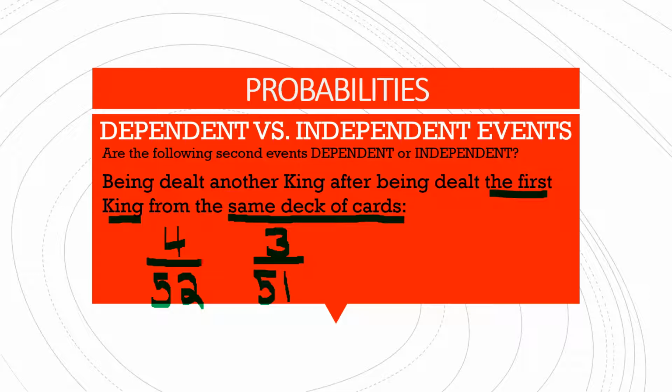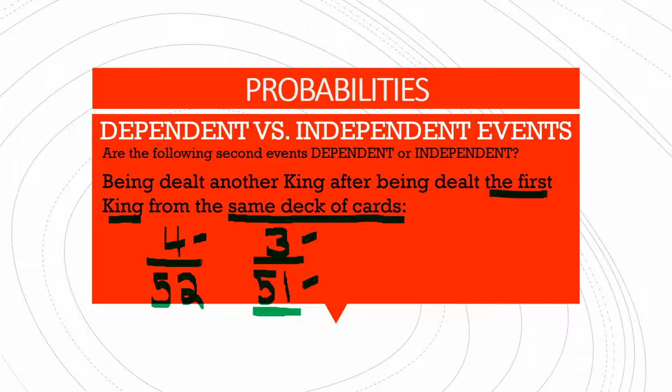So do you see how the first round, the first selection, getting a king out of a deck of cards, that affects this second selection? This 51 is different from the 52, it was changed by the fact that you already got a card out of the deck. And this 3 up here, 3 possibilities of getting a king, that was changed because you were dealt a king the first time around.